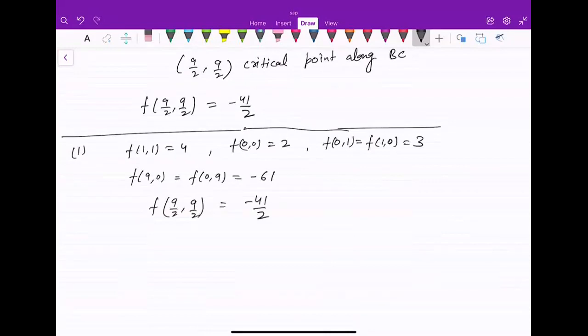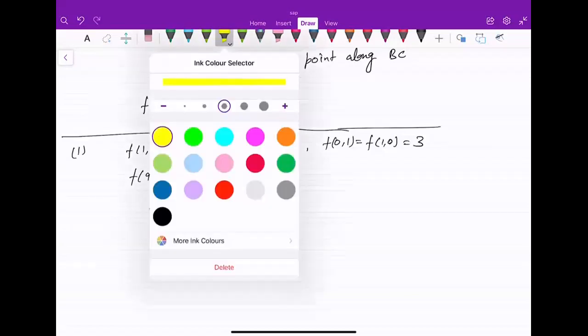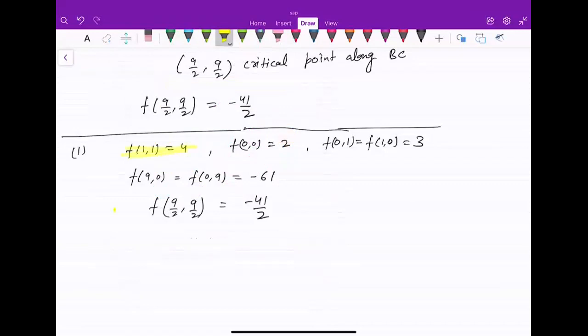Now check out of all these points which are maxima and which are minima. ठीक है, अगर आप सबको देखते हैं तो इन सब में जो मैक्सिमम वैल्यू है वो आपकी क्या है? This one. And what is the minimum value? -61.